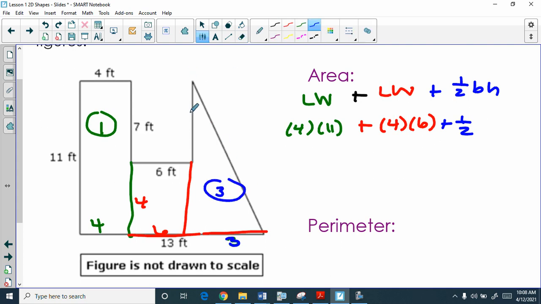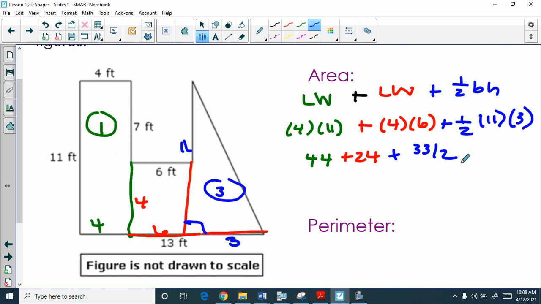And we know the height from here to here was 11, right? It's the same height as this. So this is 11. And it's a right triangle if I had drawn my line straight. So that's going to be 11 times 3. All right, so we're going to get 44 plus 24 plus 33/2.